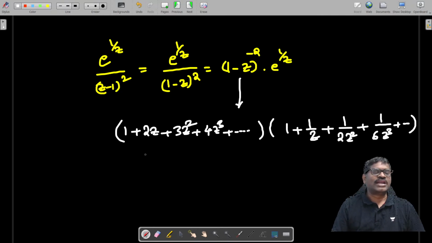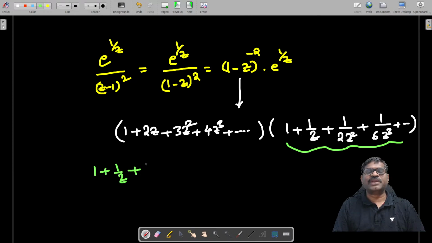Now 1 multiplied with this expansion, you will get the same expansion. Observe: 1 plus 1 by z plus 1 by 2z square plus 1 by 6z cube and so on.